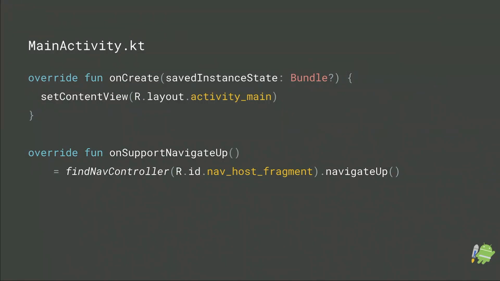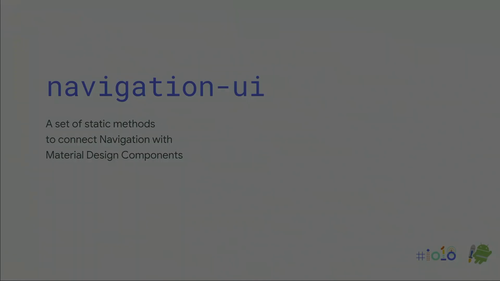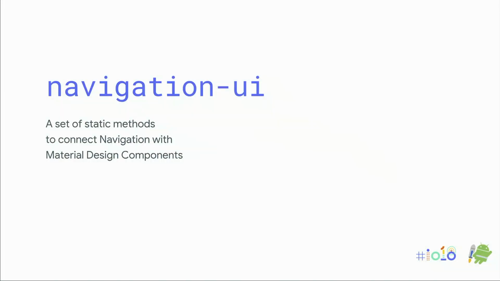But for most apps, just having a single thing is not actually what you have. Maybe you have something a little bit more. So we've set up a second dependency, navigation UI, which is really just a set of static methods that connect your navigation component with some of the material design components.